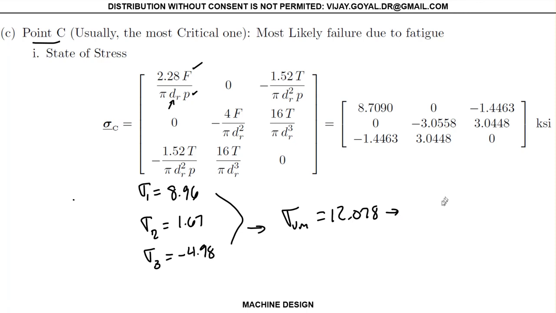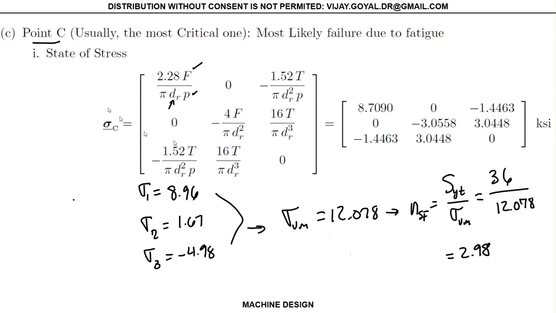Then from here, you can show that your factor of safety is the tensile yield strength over sigma von Mises. That gives you 36 divided by 12.078, which gives you a value of 2.98. What you can see is that point C is way more critical.